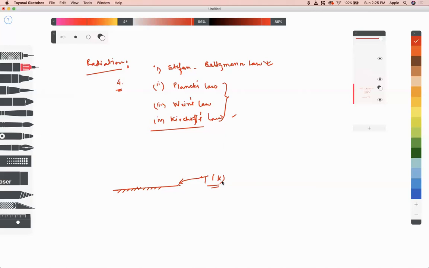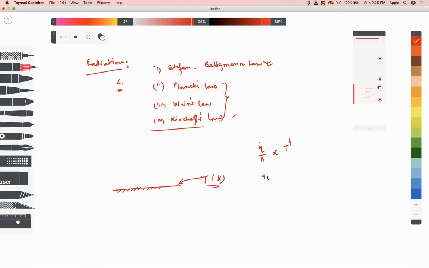So Stefan-Boltzmann law says that if a surface or a body is at an absolute temperature T, then heat flux from the body is proportional to the fourth power of the absolute temperature.